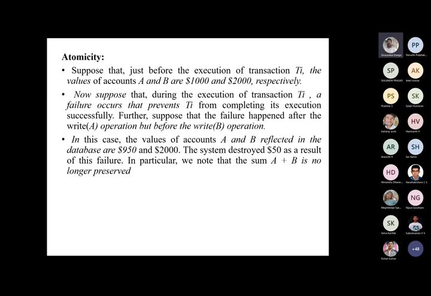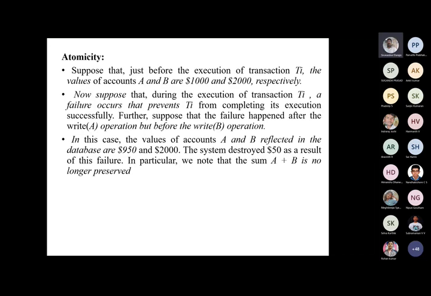So let us first consider this atomicity property. Suppose that just before the execution of the transaction Ti, at the beginning of the transaction, the values of the accounts A and B are $1,000 and $2,000 respectively.